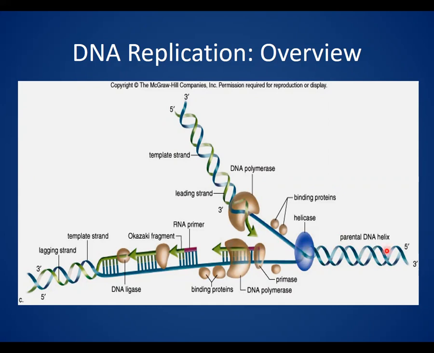So as the helicase unwinds the DNA, the leading strand polymerase follows. It can do it all in one go. It doesn't have to stop. But in order to replicate the lagging strand, the DNA polymerase has to move backwards.